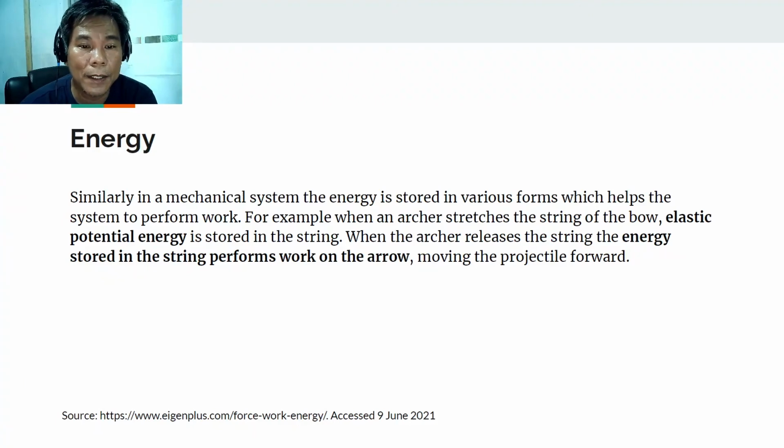Similarly, in mechanical systems, energy is stored in various forms, which helps the system to perform work. For example, when an archer stretches the string of the bow, elastic potential energy is stored in the string. When the archer releases the string, the energy stored in the string performs work on the arrow, moving the projectile forward.